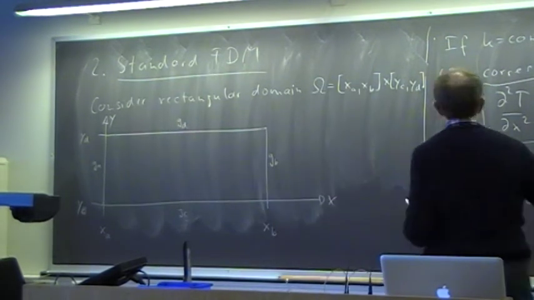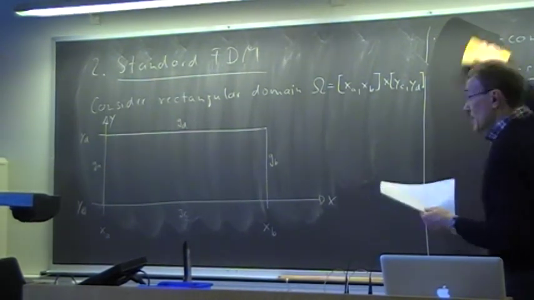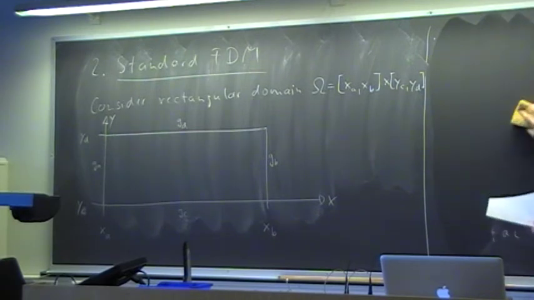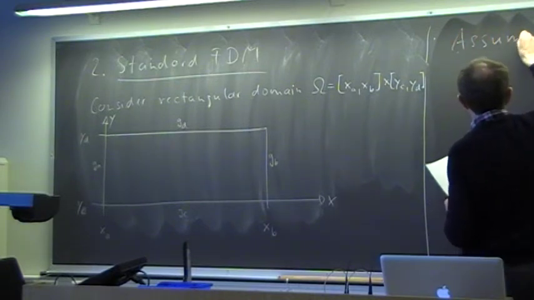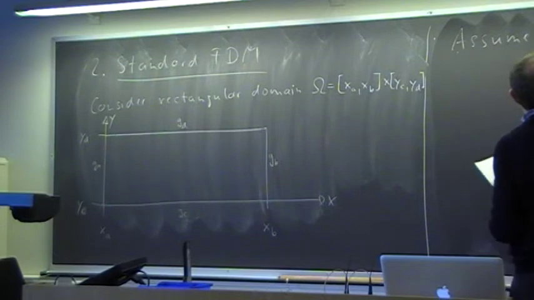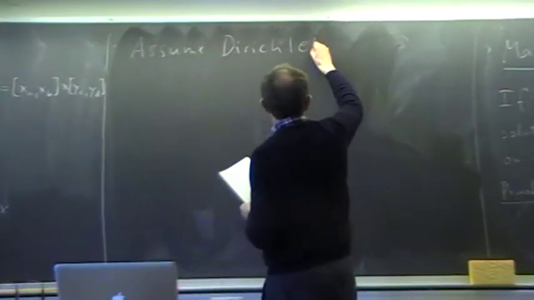So then we shall discuss Neumann boundary conditions later. First we take Dirichlet boundary conditions. They're easier. So that is our assumption. We assume Dirichlet boundary conditions.